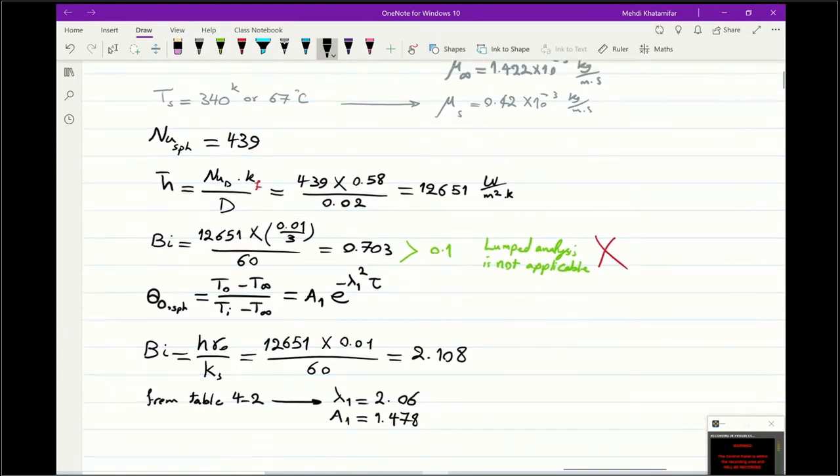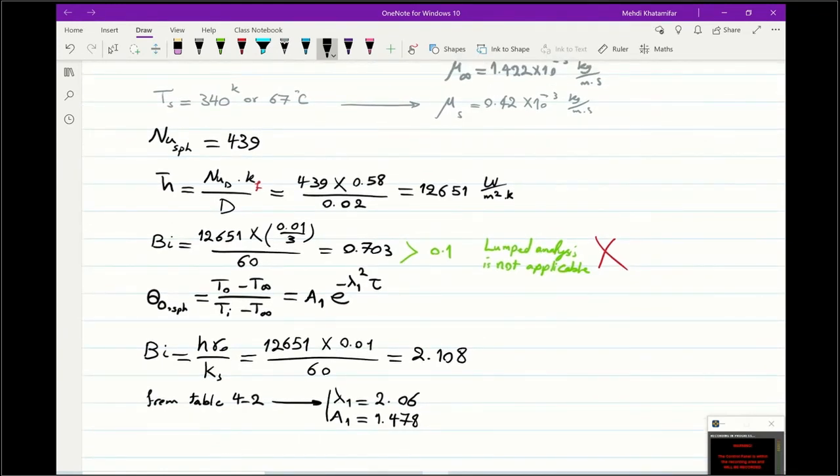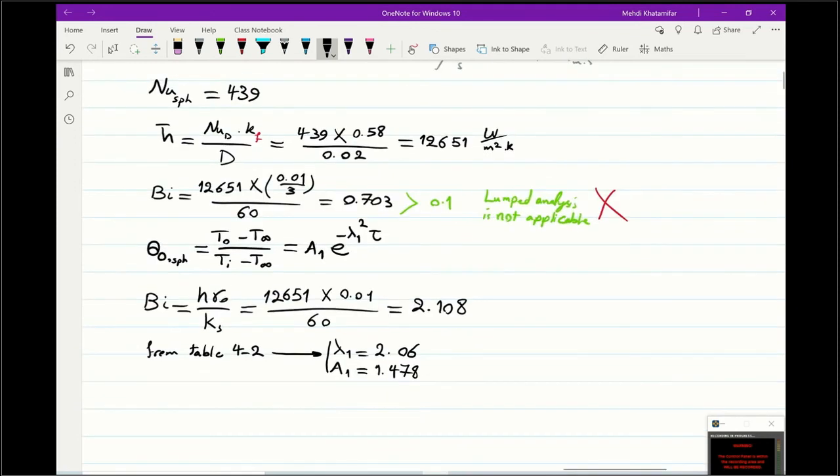Okay, we found those two, and let's plug them inside this formula. For the left side, the temperature ratio is going to be about half. For the right side, it is going to be 1.478 times e to the power negative 2.06 squared times tau. If you do the calculation, tau is going to be 0.264.